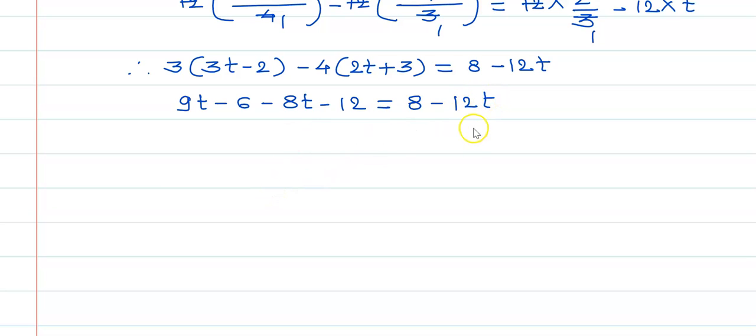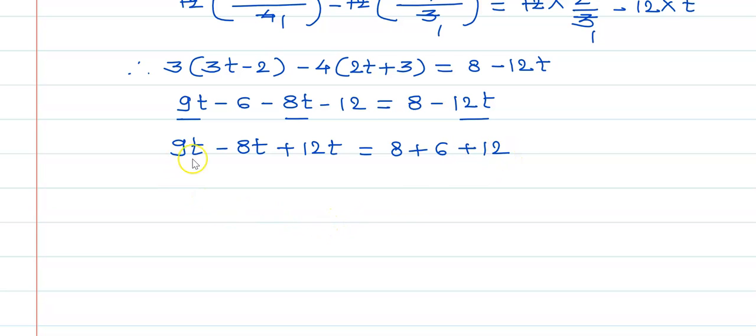Okay, now collect the terms of t to the left hand side. 9t as it is, minus 8t, and transpose this minus 12t to the left hand side, it will become plus 12t. Now the numbers: 8 to the right hand side as it is, next minus 6 and minus 12 will become plus 6 plus 12.